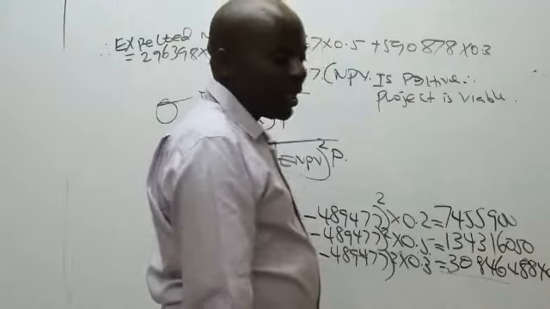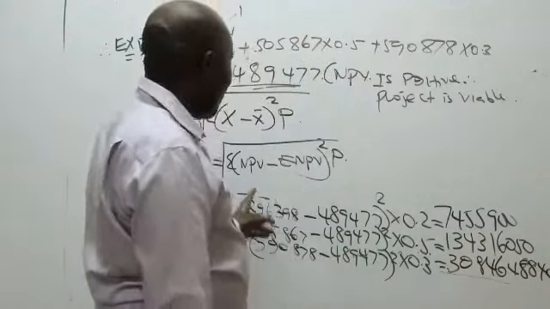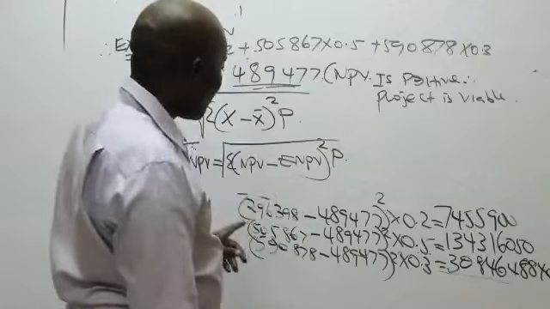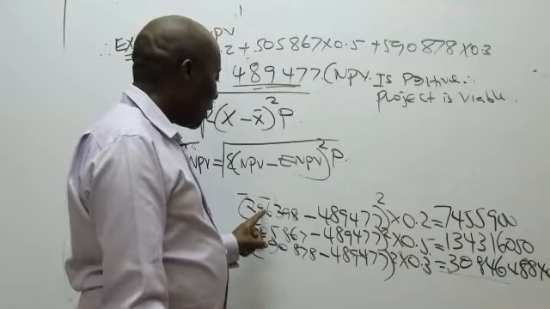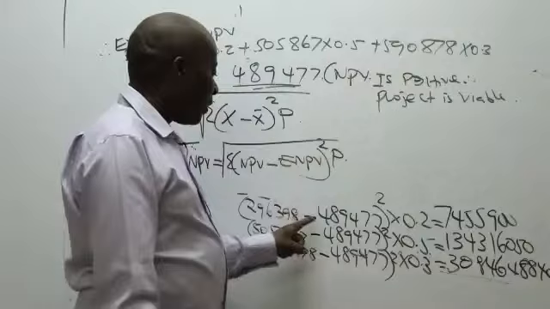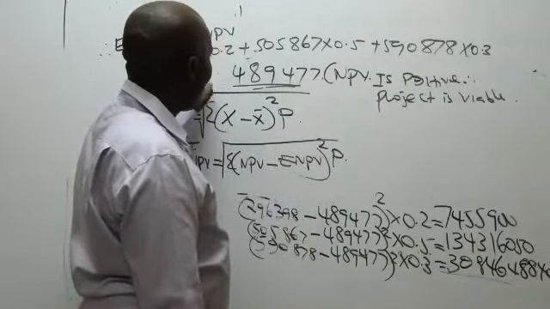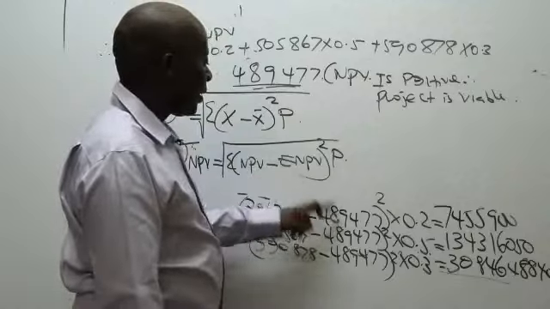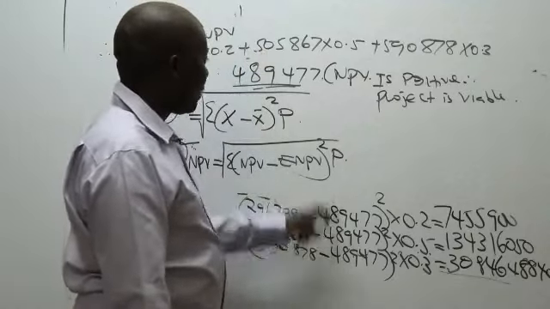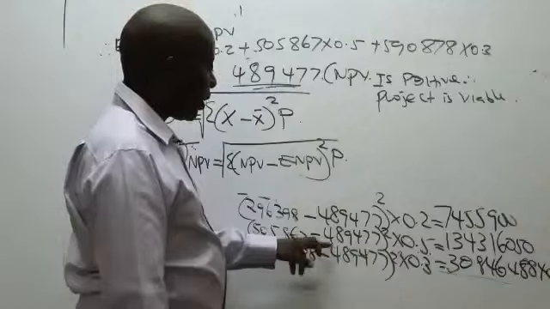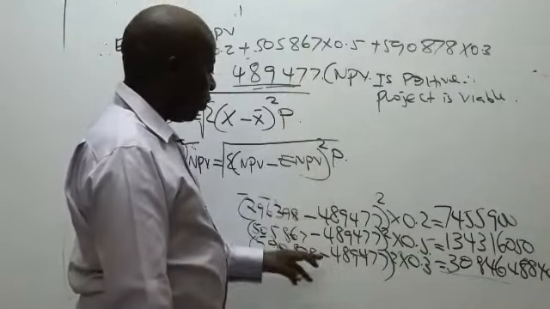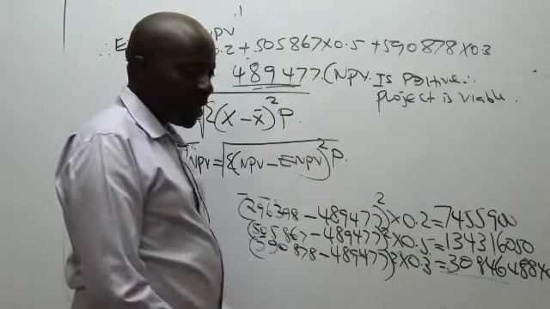John Kamau is asking, why do you not take 296, 398 minus expected NPV for the first one? Second one, you put expected net present value for the second one. The third one, you put expected net present value for the third one.